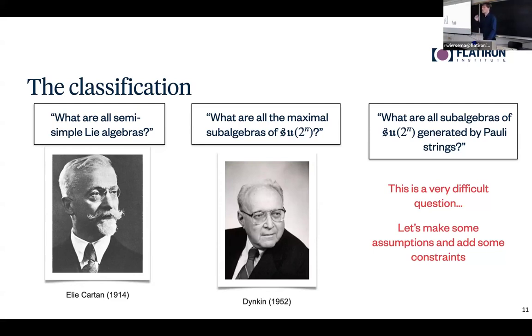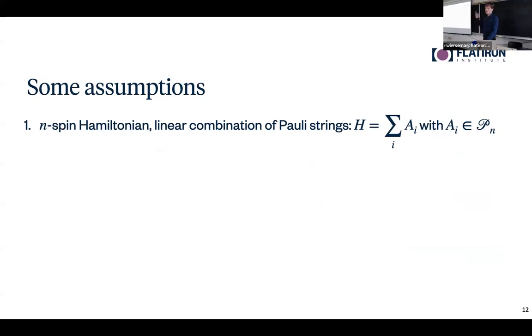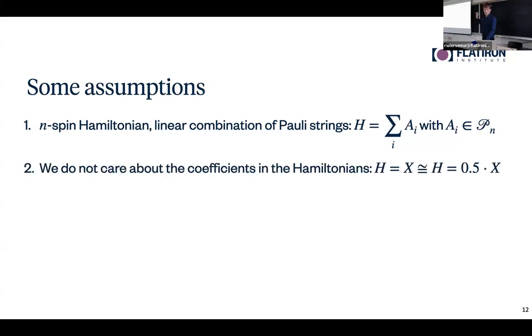And so this brings me to your question: we need to make some assumptions in order to make this tractable. The first one I already alluded to: we consider n spin-1/2 systems, and all the Hamiltonians are going to be some linear combination of Pauli strings. Then we do not care about the coefficients in the Hamiltonian.